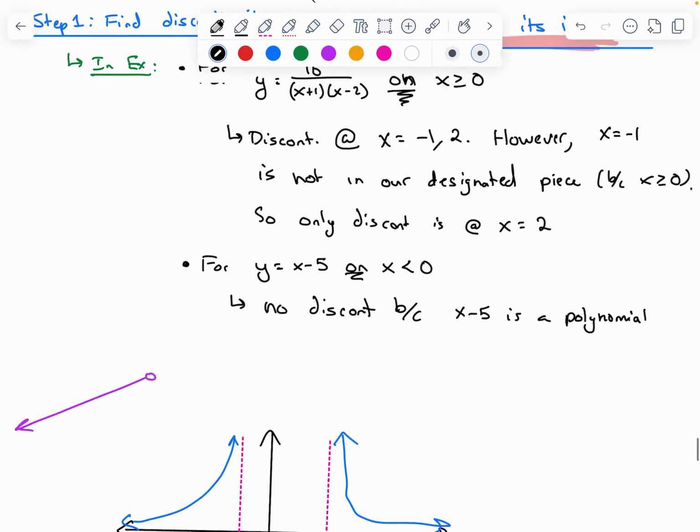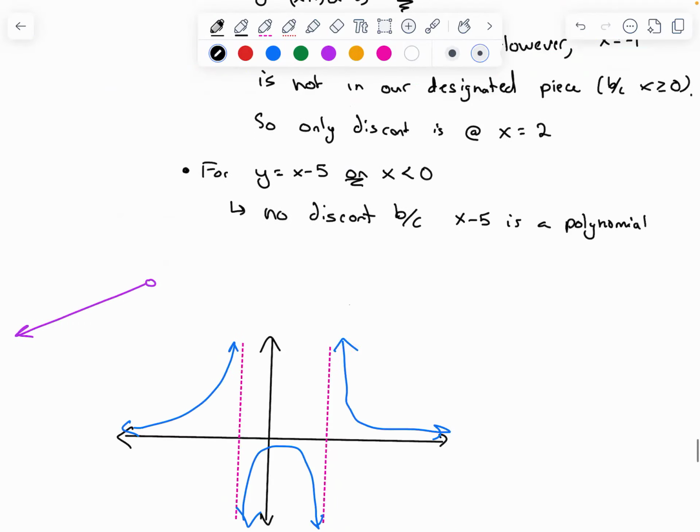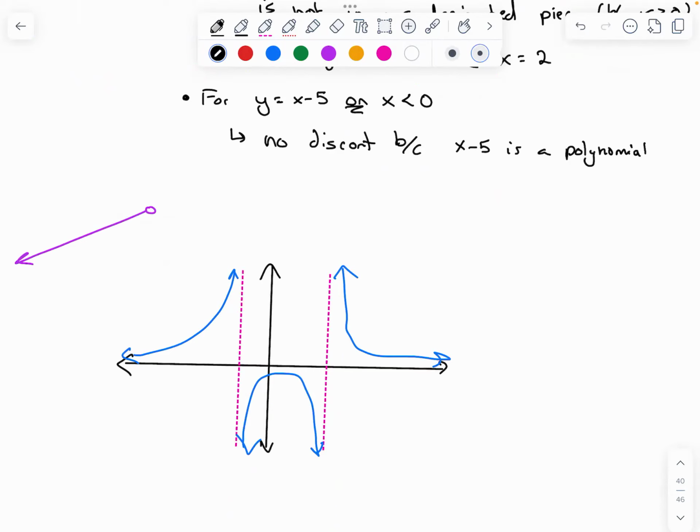There's nothing like that, so that's not an issue. All right, to understand what's going on, this right here in purple is going to be the line y equals x minus 5. Not perfect, but it's just x minus 5. And the other graph there in blue is y equals 10 over (x plus 1)(x minus 2). That is that curve, roughly speaking.